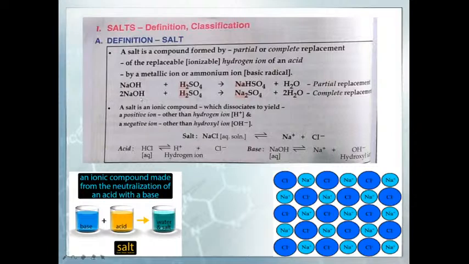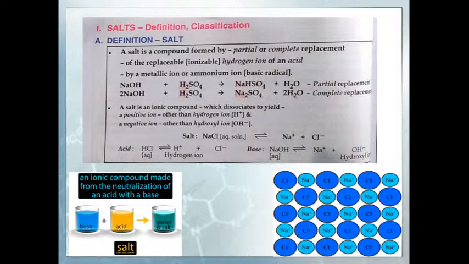So 2 hydroxide ions can neutralize 1 molecule of sulfuric acid, right? So if it is a monoacidic base, you need to take an excess, then only will complete neutralization take place. Then what kind of salt will we get after that? That salt will be a neutral salt.